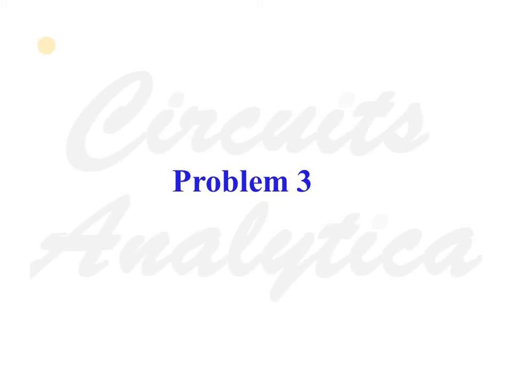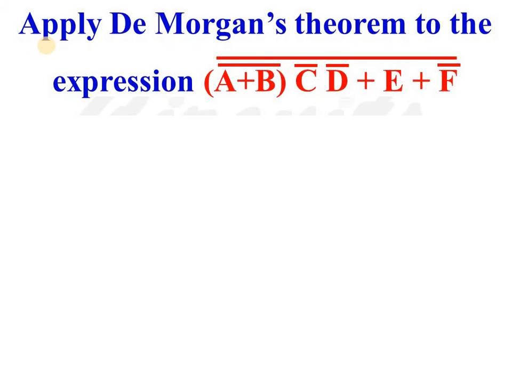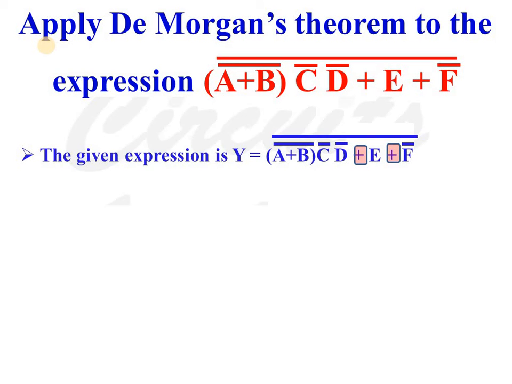Problem number 3. Apply De Morgan's theorem to the expression (A or B bar and C bar and D bar, or E or F bar) the whole bar. So the given expression is y is equal to (A or B bar and C bar and D bar, or E or F bar) the whole bar.